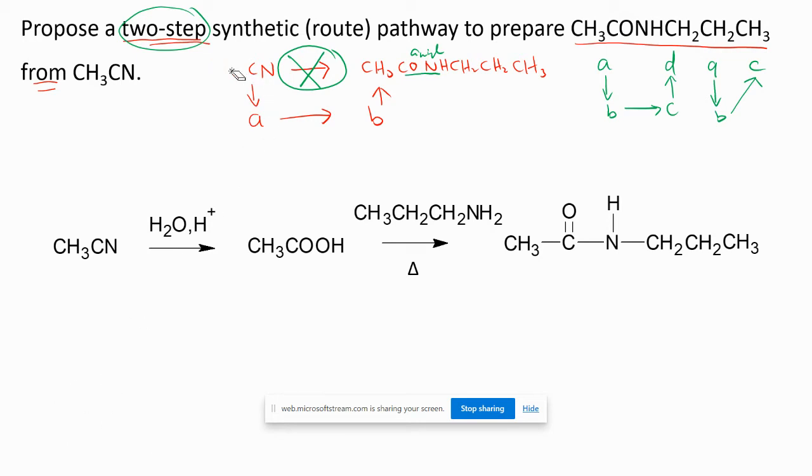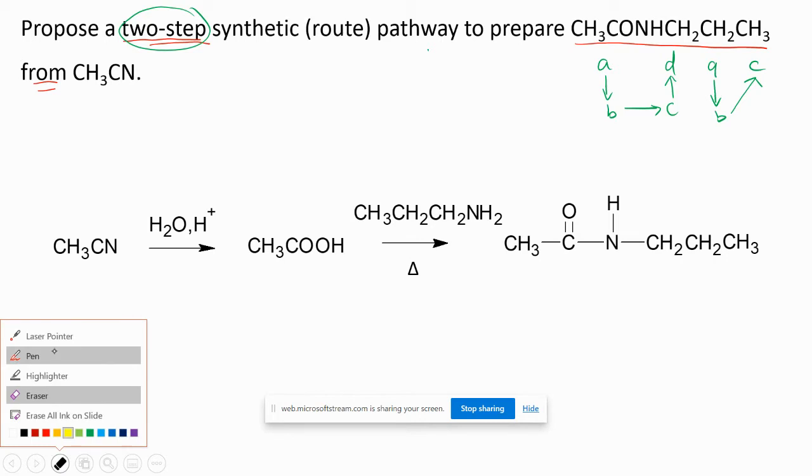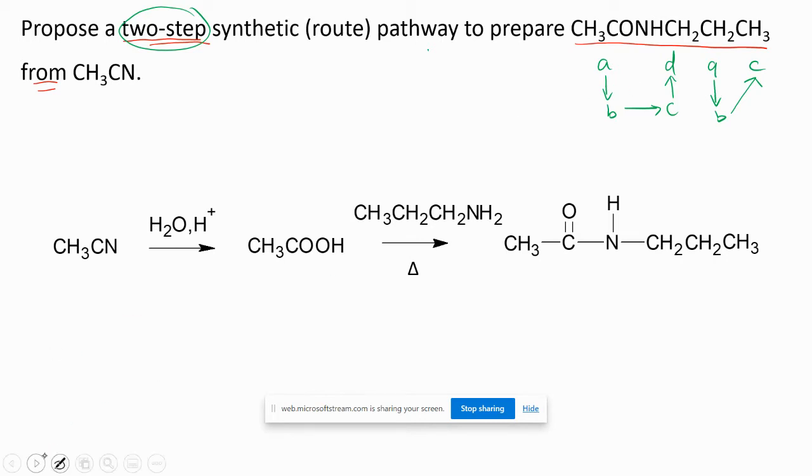Now let us look at the requirement of the question first. The question says that it is only 2 steps. What is the meaning of 2 steps? 1 step, 2 step, 3 step.